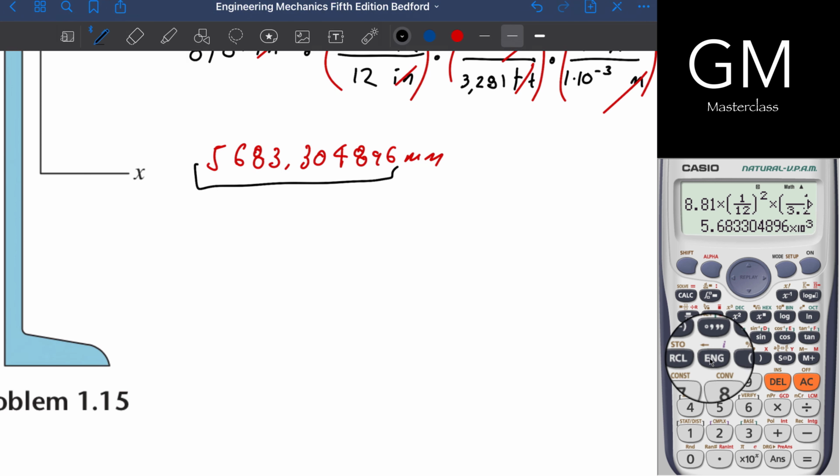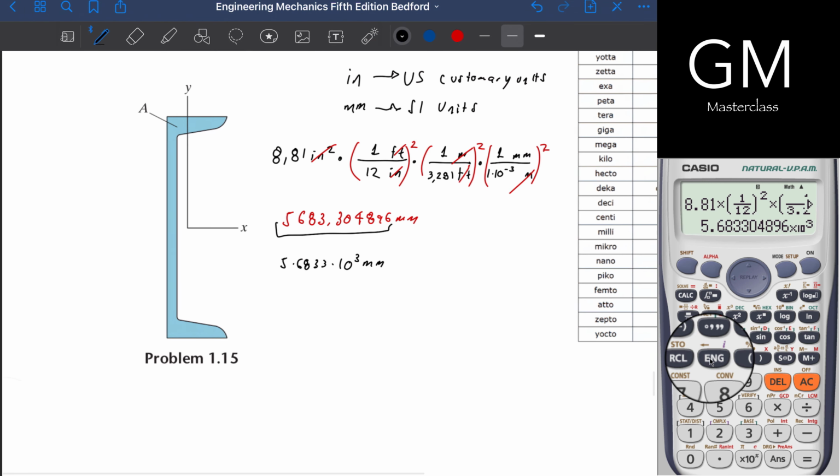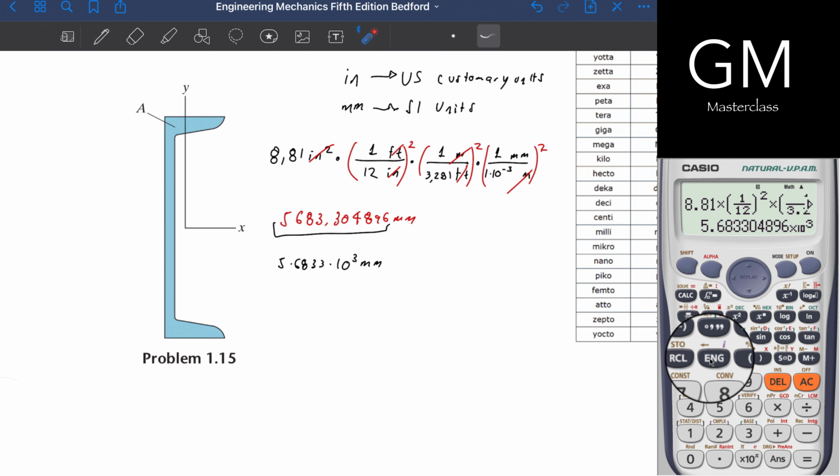So it would be 5.6833 times 10 to the third power millimeters. I always use just 4 significant digits after the point. And that's, guys, the result for this exercise.